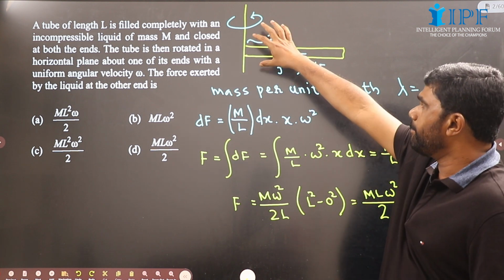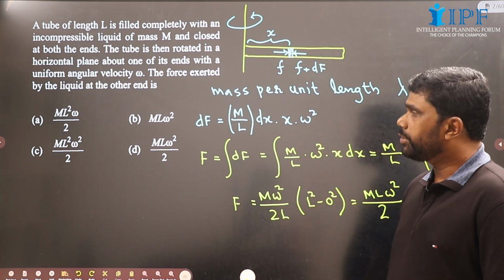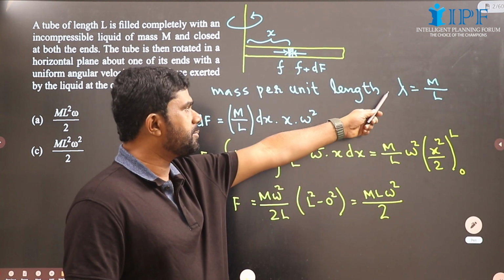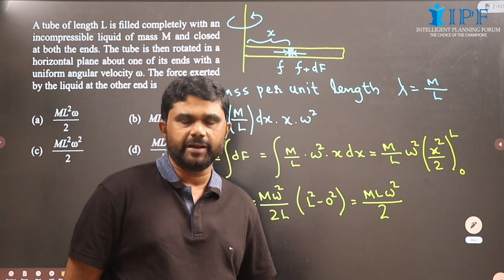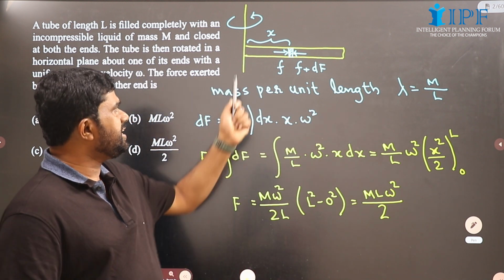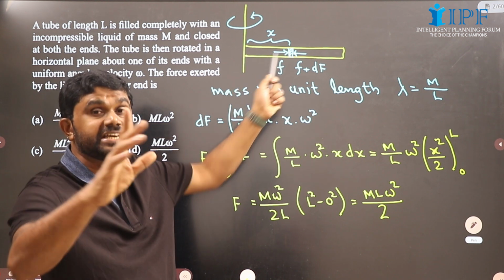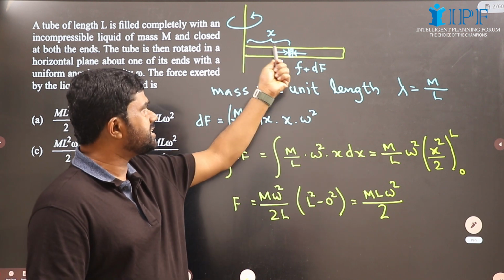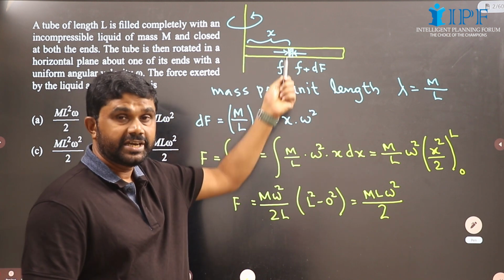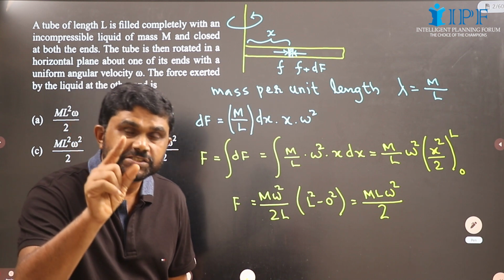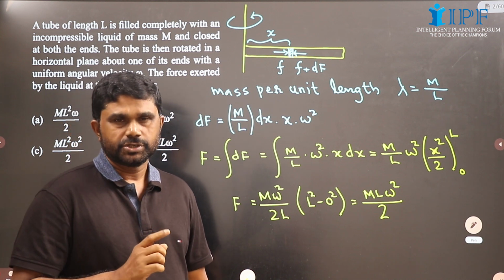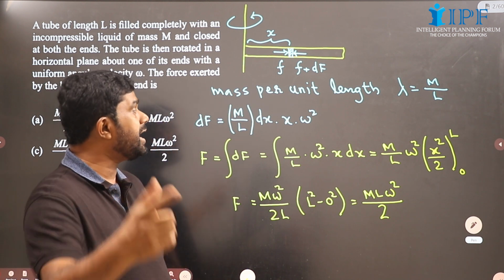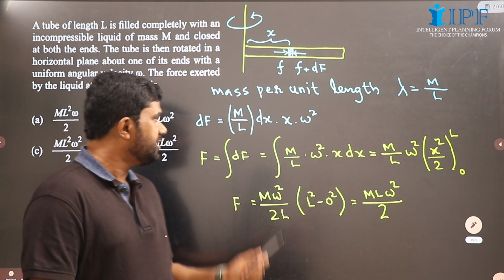Now see, mass is distributed uniformly, and mass per unit length, represented by lambda, is equal to M by L. Now consider a small element of length dx at a distance x from the axis. Mass per unit length is lambda, so the mass of an element whose length is dx will be lambda dx. And what is lambda? It is M by L.